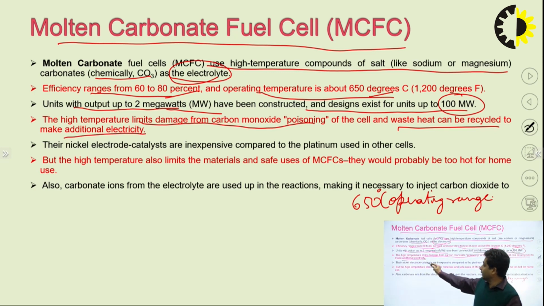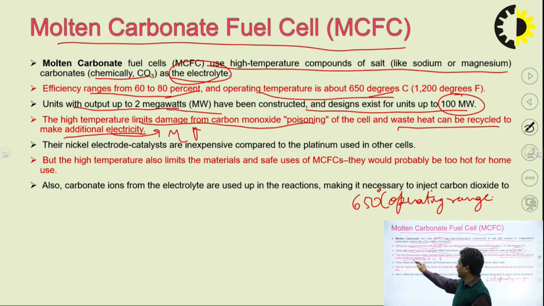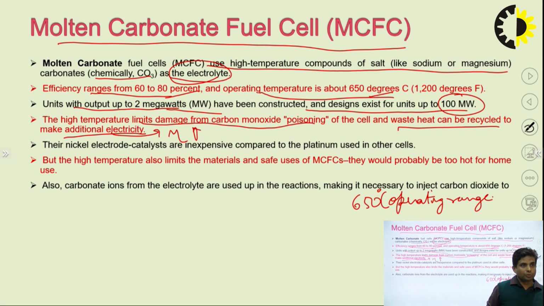That is why the efficiency is high. The nickel electrolyte catalysts are cheaper compared to platinum, but the high temperature also limits the materials, and it is too hot for safe home use.